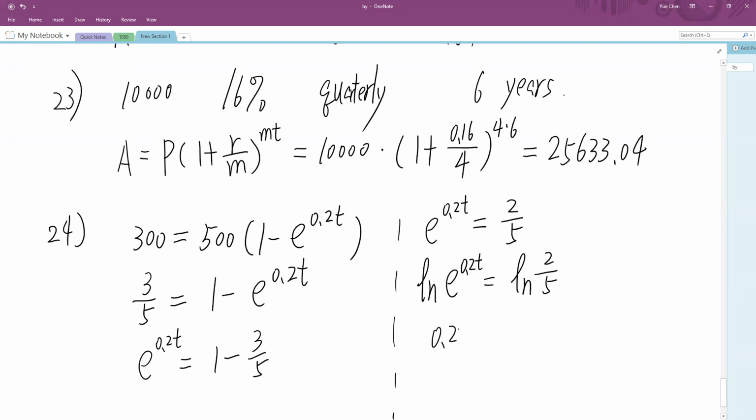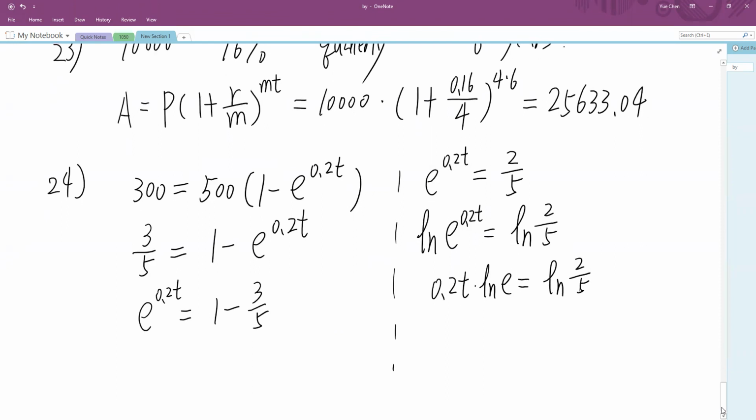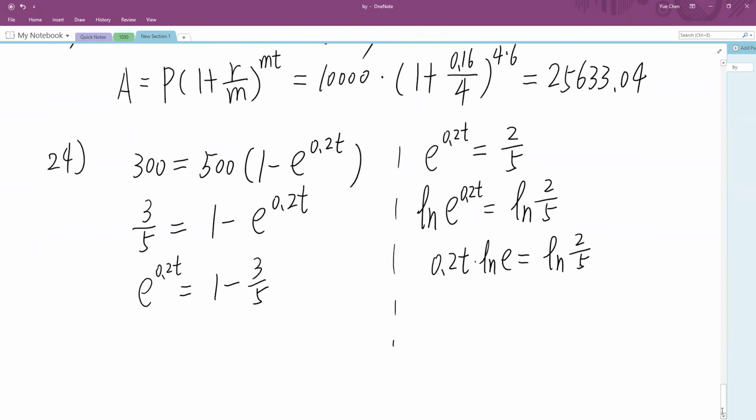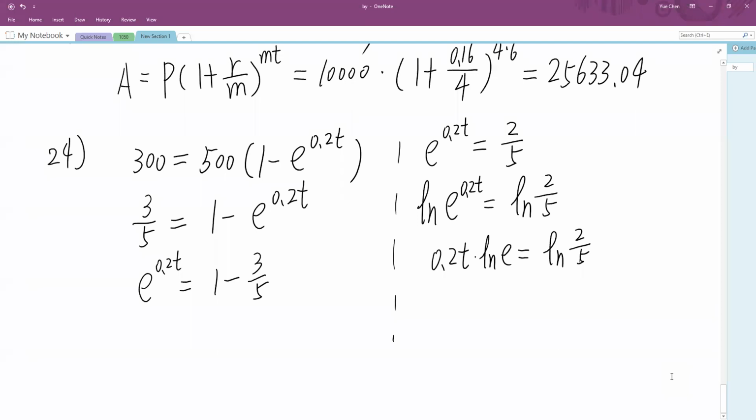So this is negative 0.2t times natural log of e equals, now we bring down this power. Natural log of e equals 1. Natural log of 1 equals 0, keep that in mind.